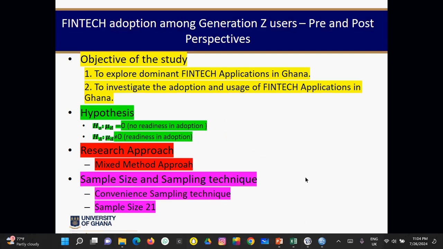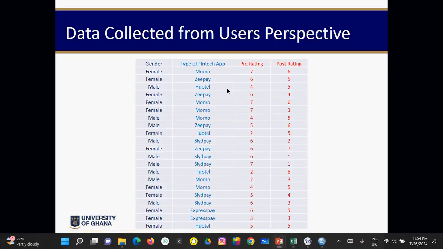So let's do that. This is the data we have here, to test our paired sample hypothesis today.